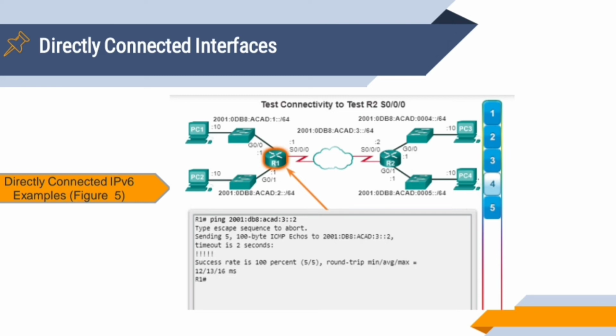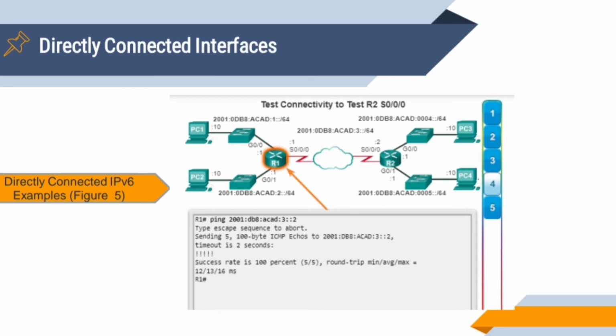We're now down to the last figure of the directly connected IPv6 example. As you can see in Figure 5, notice what happens when the G0/0 LAN interface of R2 is the target of the ping command. The pings are unsuccessful.